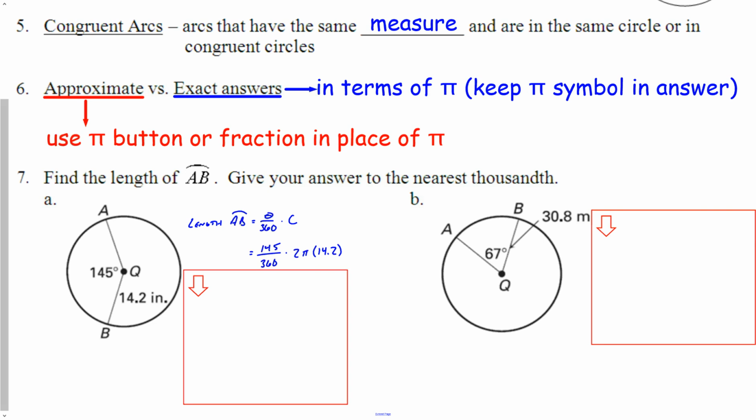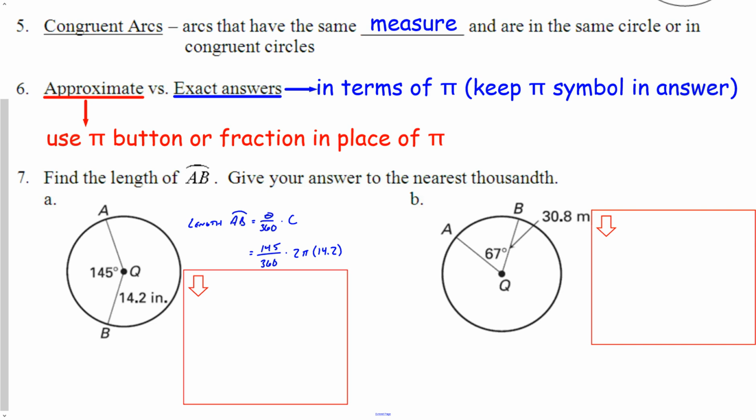So now, if I wanted to have just an exact answer for this, I would take the 145, the 2, and the 14.2, and I would multiply all those values together. Because 2 is over 1, 14.2 is over 1, I can take all the numerators and multiply them together, and then I would have my denominators multiplied together, so 360 times 1 across the bottoms as well.